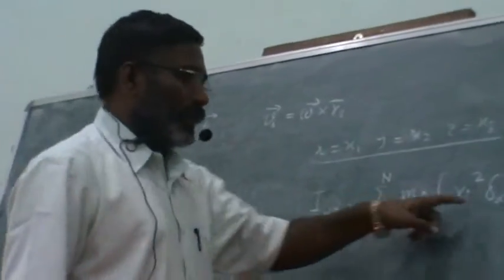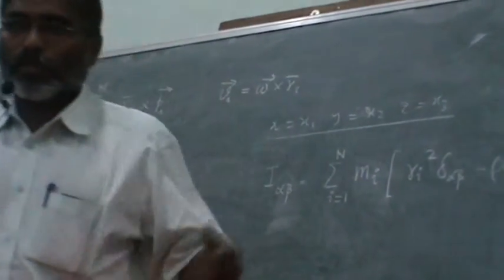So you can get the I alpha beta components like this. I think we will do a problem tomorrow on how to calculate this moment of inertia tensor.